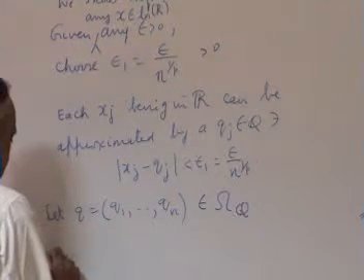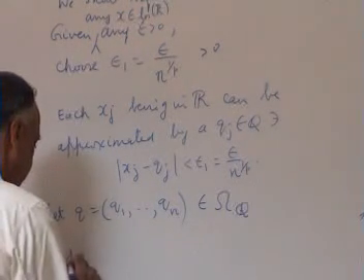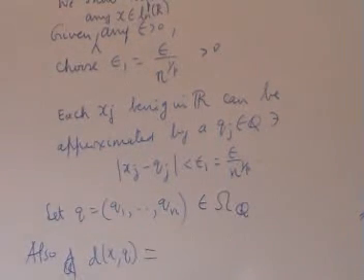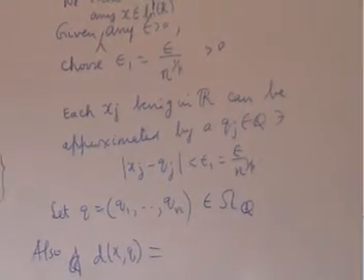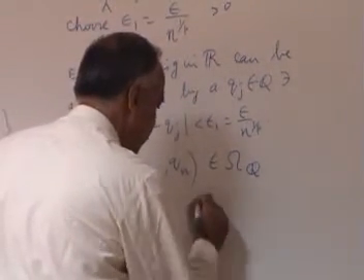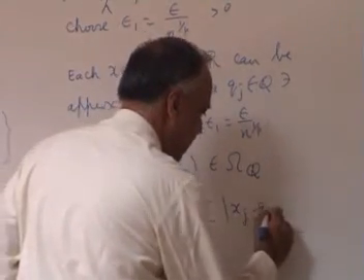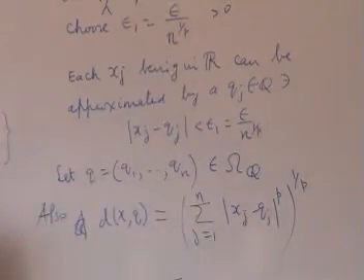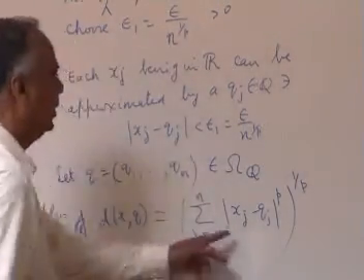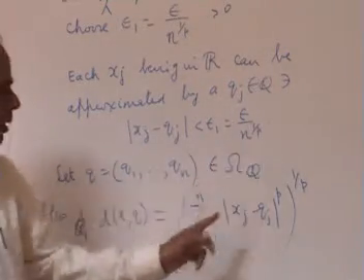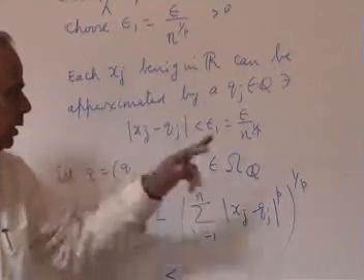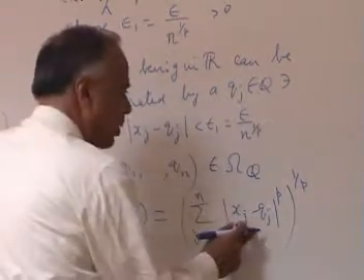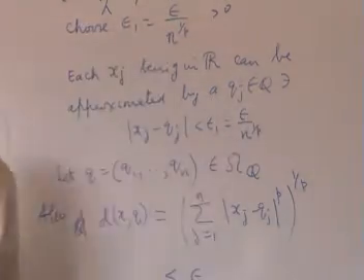Also, what is the distance between x and q? By definition, the distance is the sum over j equal to 1 to n of the absolute value of xj minus qj to the power of p, to the power of 1 over p. Each one of them is less than epsilon by n to the 1 over p. There are n terms, so the p-th power sum will be less than n times epsilon to the power p by n, so it will be epsilon to the power p, to the power of 1 over p.